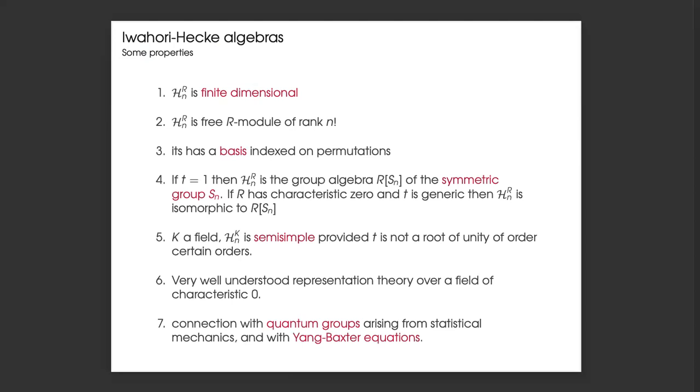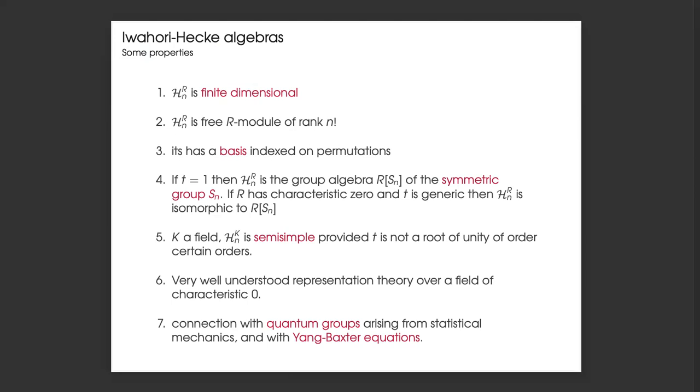And then there are a lot of other characteristics. We will mention in particular that when our parameter is equal to 1, then the group algebra is the one of the symmetric group Sn, and when our domain has characteristic 0 and is generic, then again the Hecke algebra is isomorphic to the group algebra of the symmetric group.